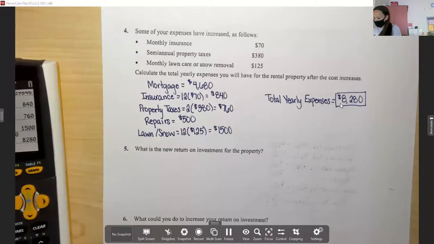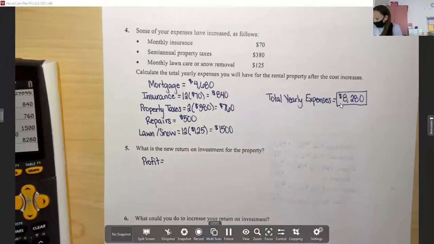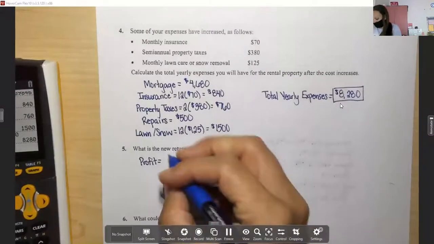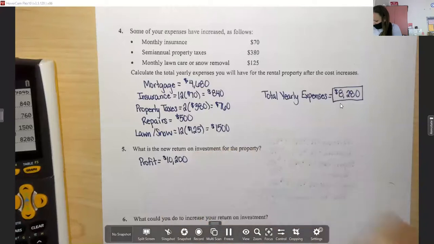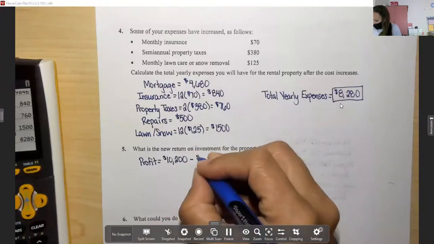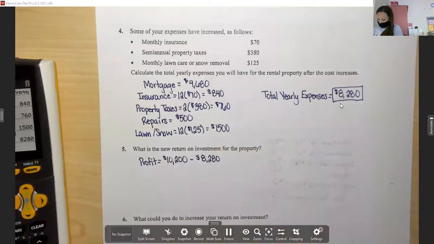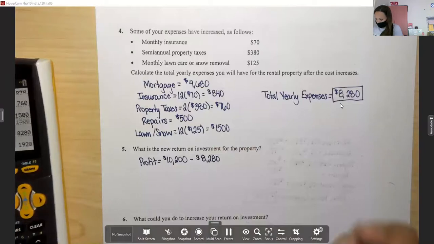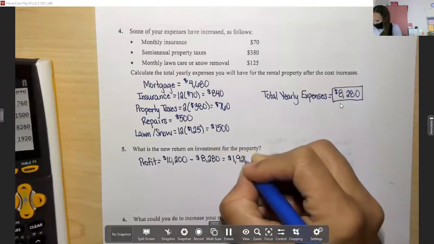All right, so the new return on investment. Well, we have to get the profit. So it's still the $10,200 coming in from the rent. You didn't increase your rent at all. You still left it at $10,200 for the year, $850 per month, minus the $8,280. So now your profit's $1,920.